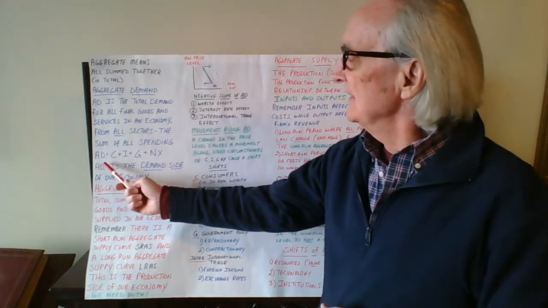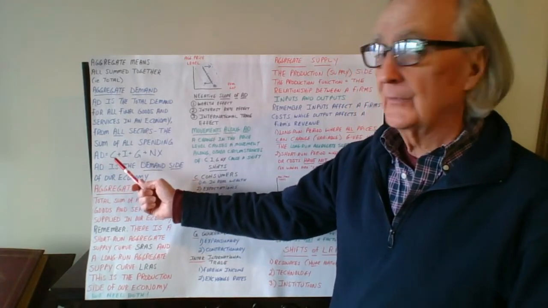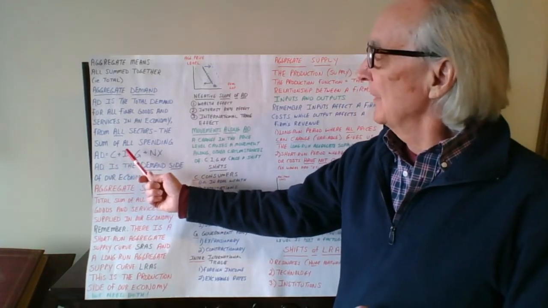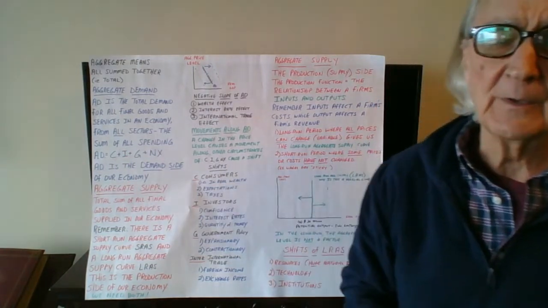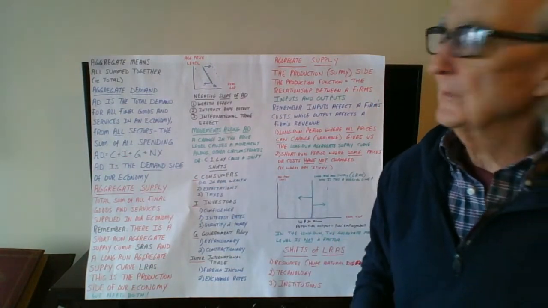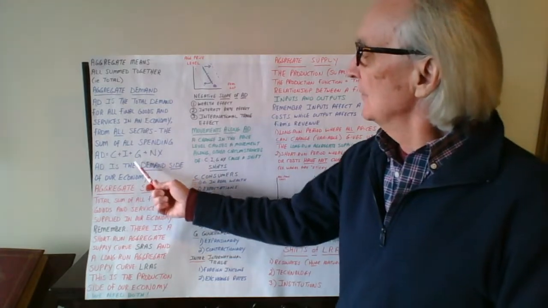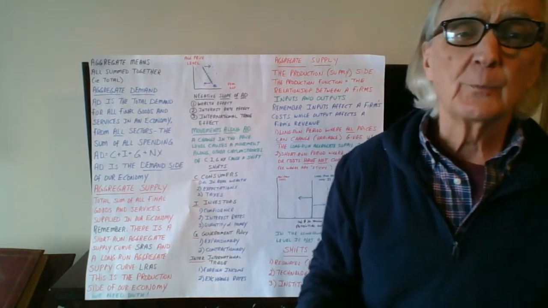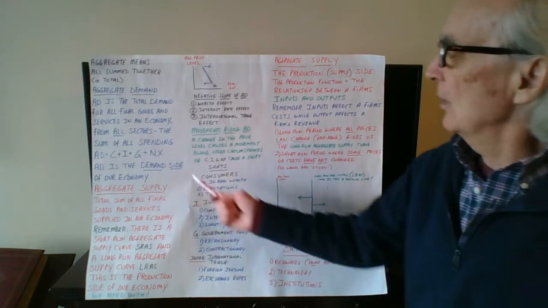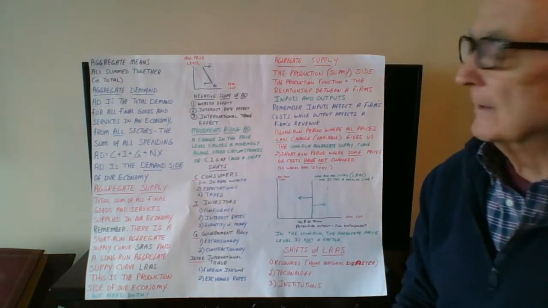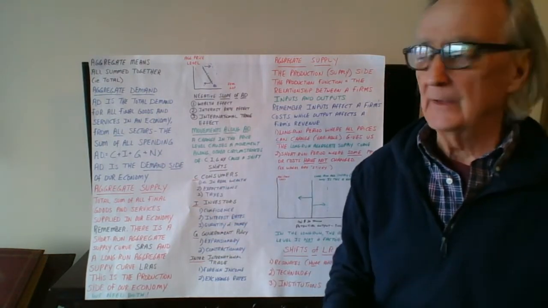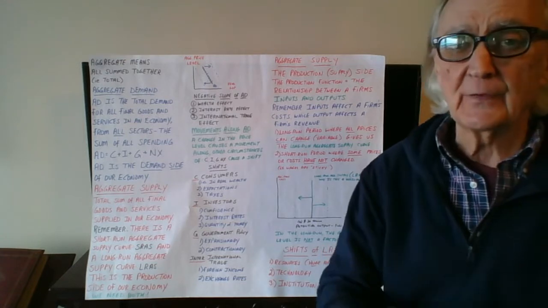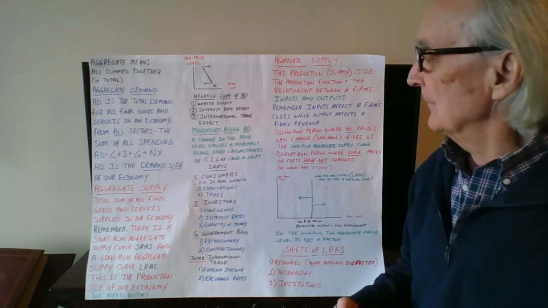Aggregate demand, AD, is equal to, it comes from all sectors: consumer spending, investment spending, something for future production, government spending, and the international portion of it, exports minus imports, or what they call net exports. Aggregate demand is what they call the demand side of the economy, okay?